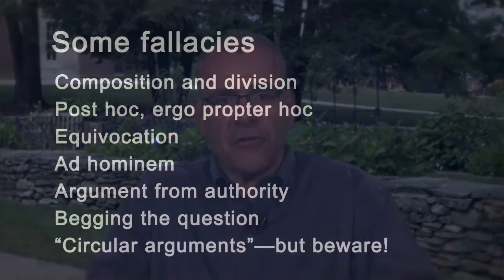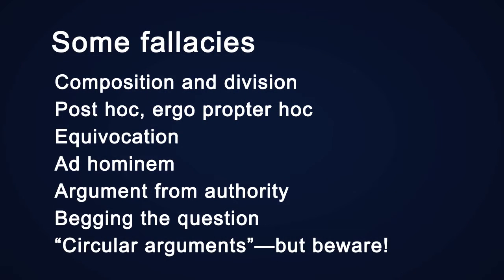And in order to help you with that task, I want to give you some examples of some fairly famous fallacies. Here's a list. There's one family of fallacies known as the fallacies of composition and division. The fallacy of composition is a fallacy according to which, from the premise that a number of components of a thing have a certain property, somebody might infer that the entire aggregate has a certain property as well.